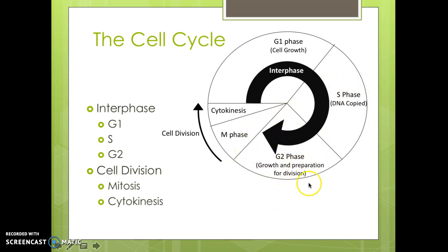All the organelles are being copied, the cell gets bigger, it's just ready to make another baby cell. Then we have M phase, which is part of the cell division phase. Mitosis is what M phase means, which is formally defined as division of the nucleus, and cytokinesis, which is the division of the cytoplasm or the rest of the cell. Once that occurs, then it's going to go through the cycle again and make more cells.